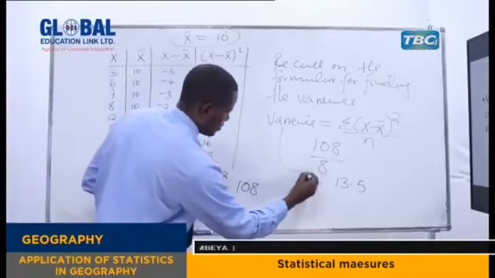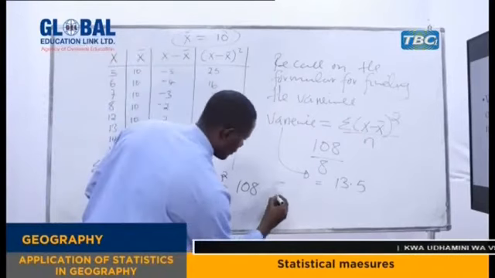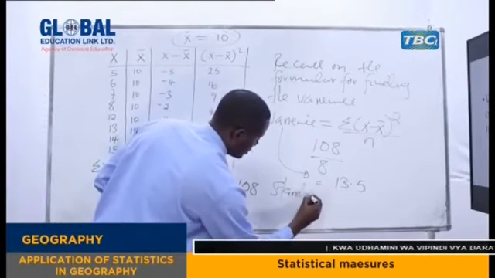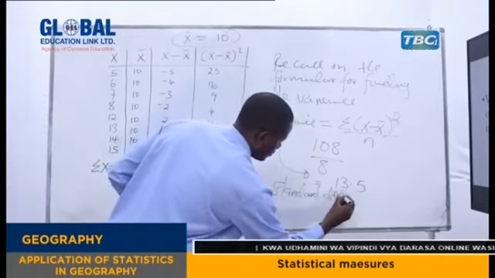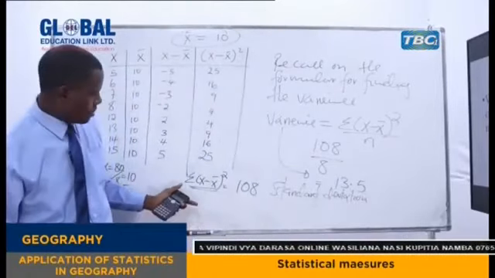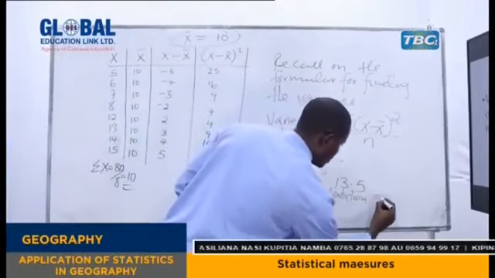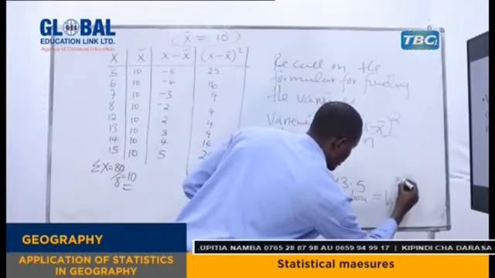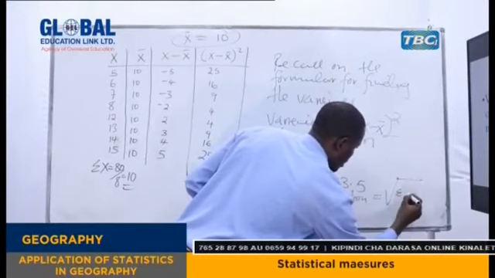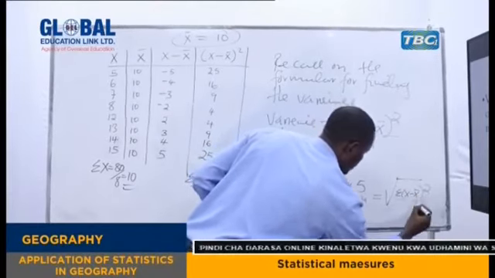But again, if we recall the second aspect, that's about the standard deviation. The standard deviation, as we said, is given by taking the square root of the variance. So it's equal to the square root of the summation of x minus x bar squared, then we divide by n.